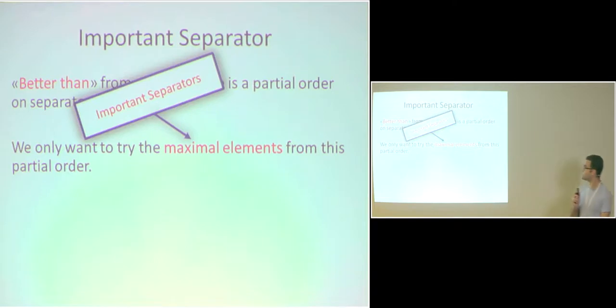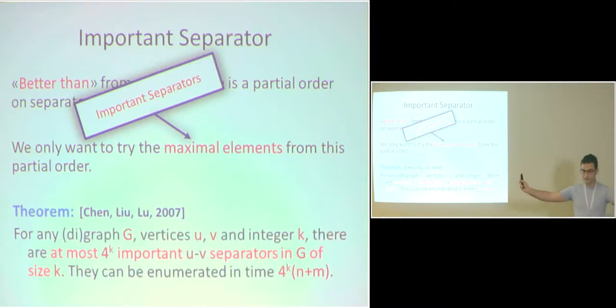The separators that don't have any other separators better than them are called important separators. And a really cool fact that I'm not going to show, but that is proved in the book, with a proof of a couple pages, not terribly complicated but complicated enough that I don't want to do it here, is that for any pair of vertices, the set of important separators from one to the other of size at most k has at most 4 to the k elements.